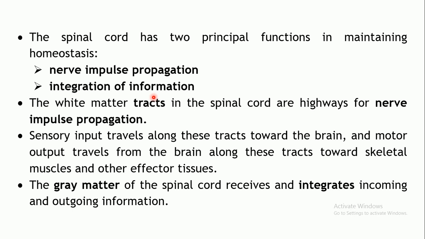It's mainly the cerebral cortex which gives the output. But there is some processing which takes place at the spinal level also. The spinal cord may also have the integrative function.